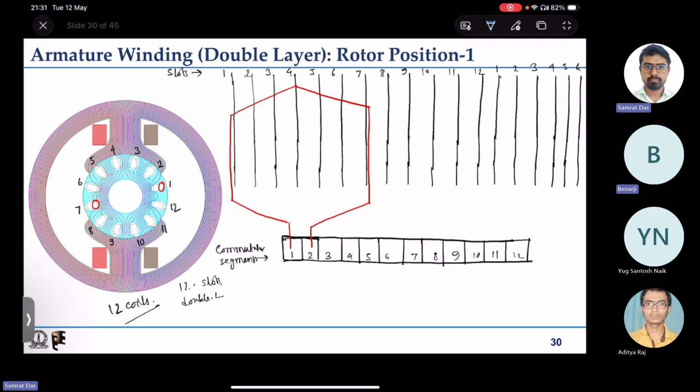Yes, sir. But what I have observed in industry is they keep some conductors, and later they use some copper and a brazing technique, a kind of welding with copper.